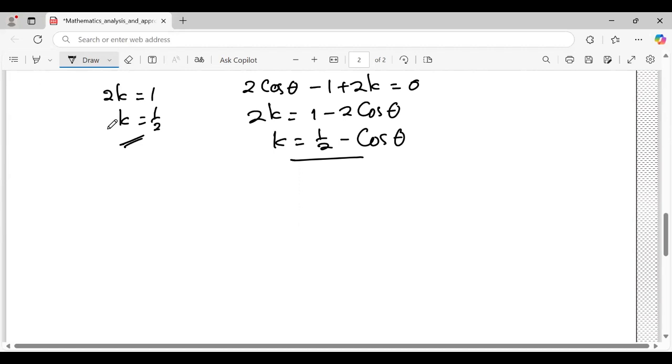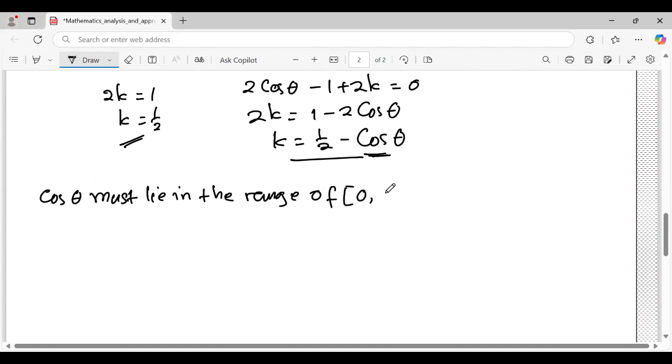For real values of theta, cosine theta must lie in the range of 0 and 1.